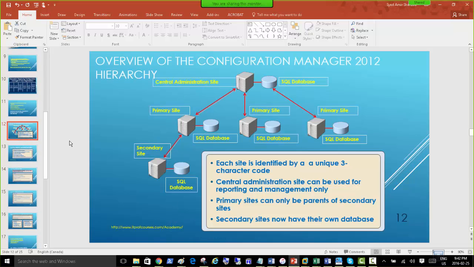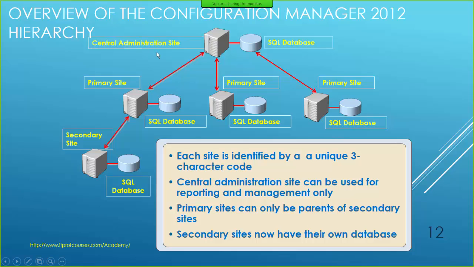Yeah, there it is. So this just shows that there is a central administration site, and then there are primary sites, which are the main sites where you do all the day-to-day tasks, and then there are secondary sites as well. So primary sites are the main area where we configure everything.